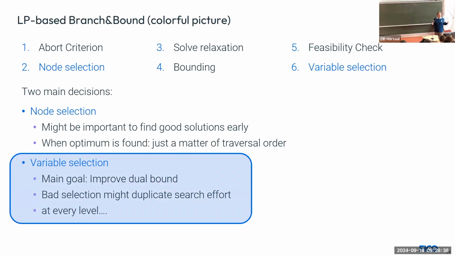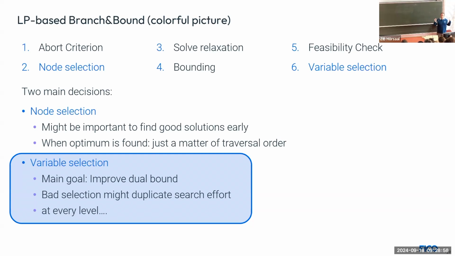The main goal in variable selection, at least for now, is to try to improve the dual bound. So proving optimality in general is harder than finding a good or an optimal solution. So this is the main focus of this part of the algorithm.